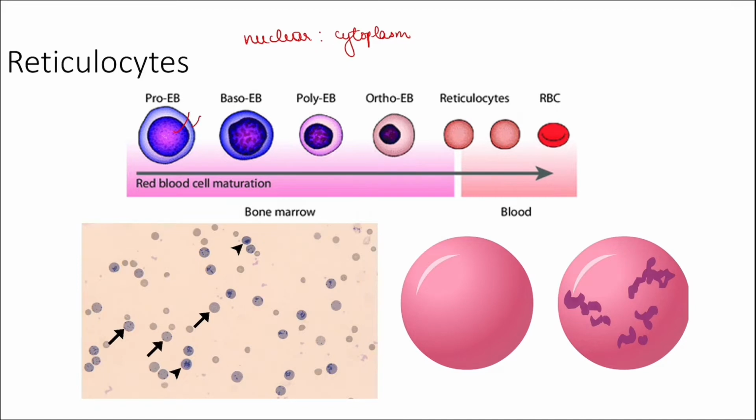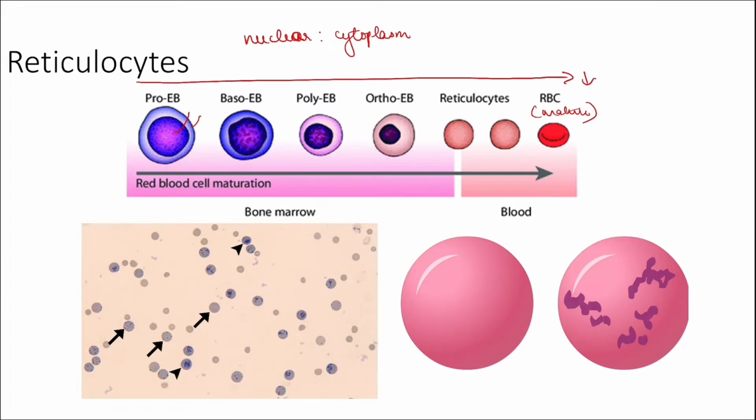But as you go lower down and make a mature red blood cell, the size of the nucleus drastically reduces and then eventually disappears. So the ratio, therefore, decreases as you go along this way.